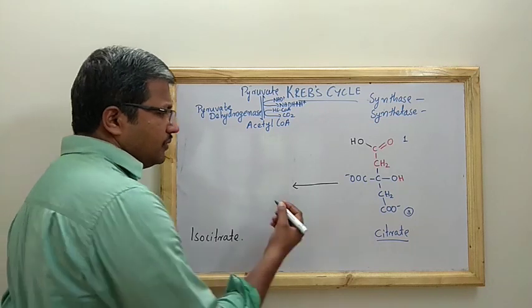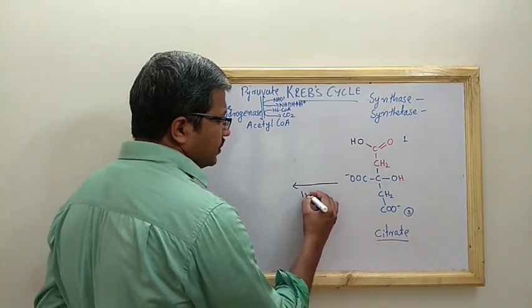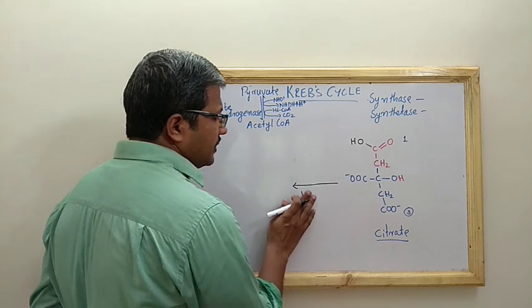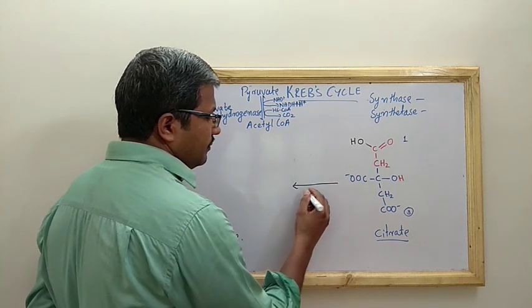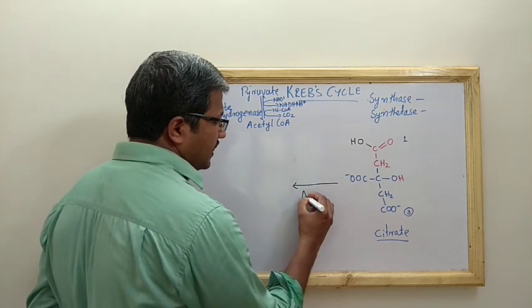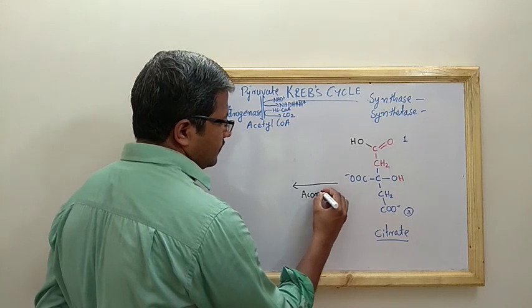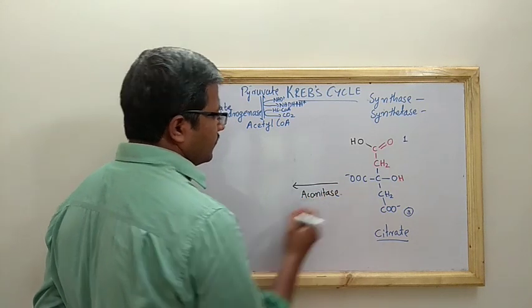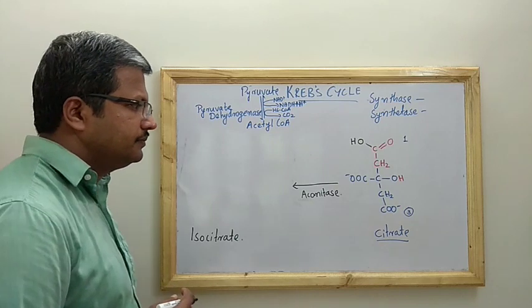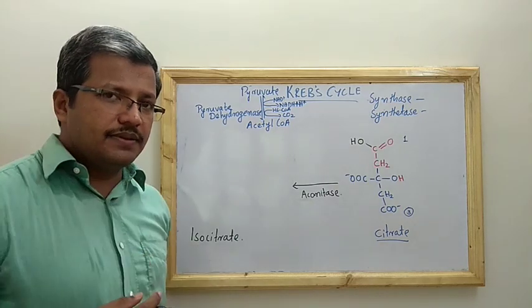From the name itself, what will be the enzyme? It will be isomerase enzyme. The name of the isomerase enzyme is aconitase. Why aconitase?